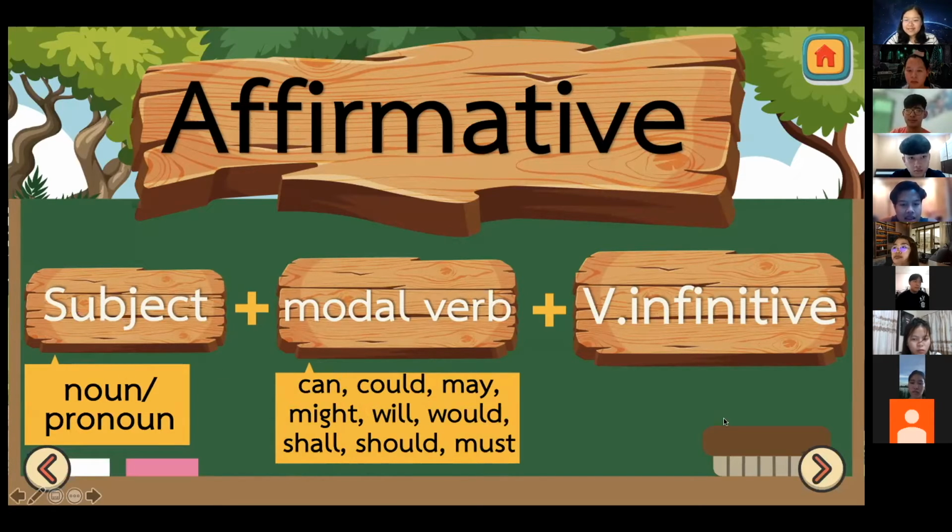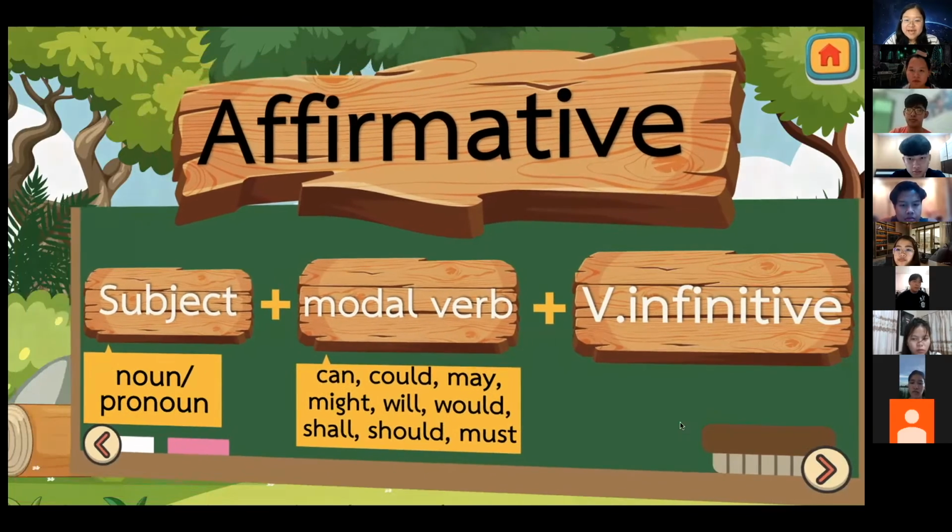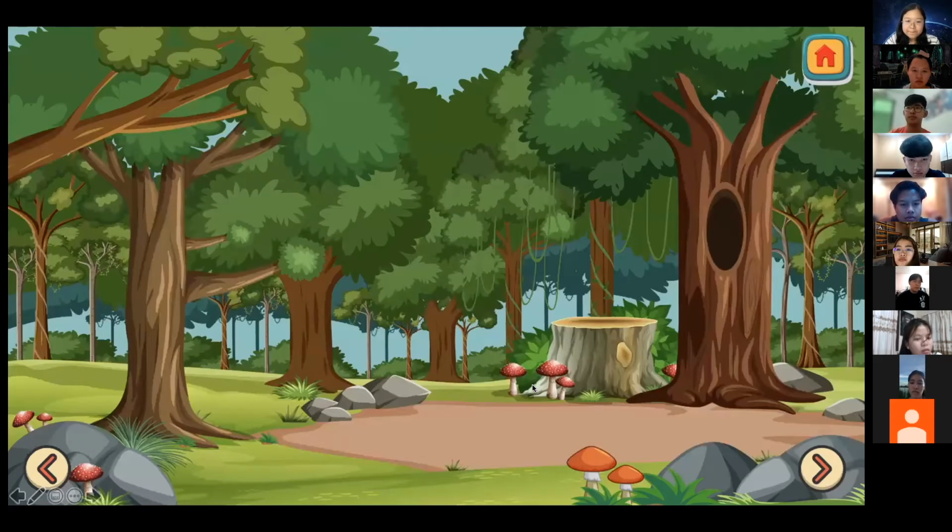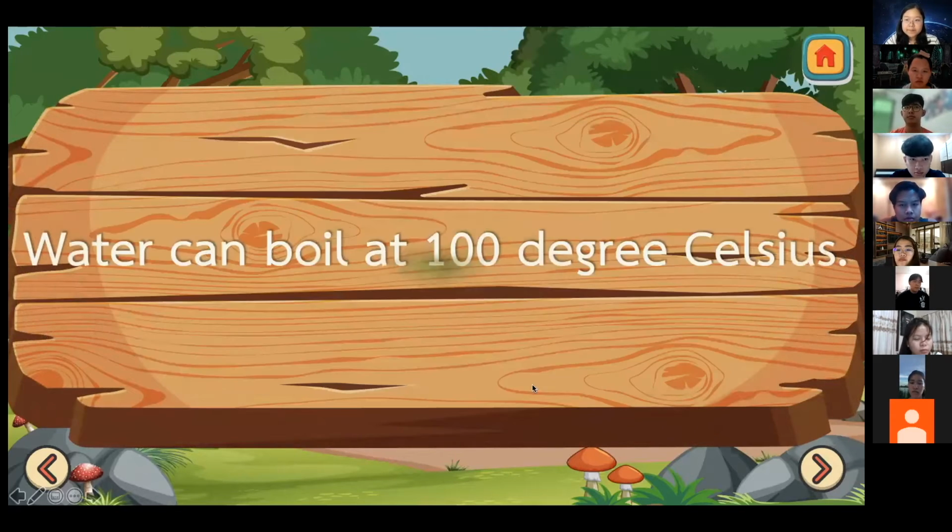Next, I will give you some examples. The example is: water can boil at 100 degrees Celsius. I want to hear from Tang Tai. Can you read this sentence to me and your friends?